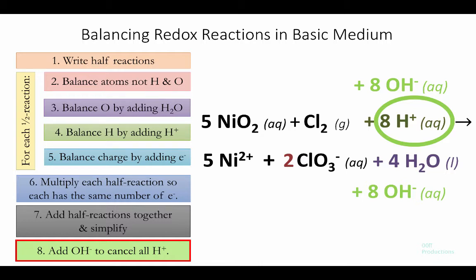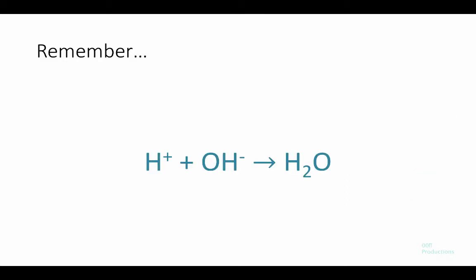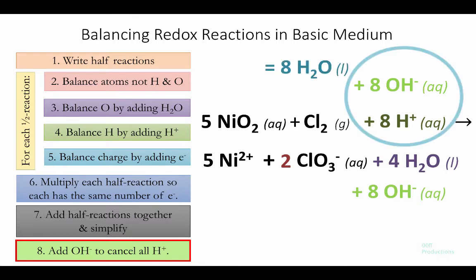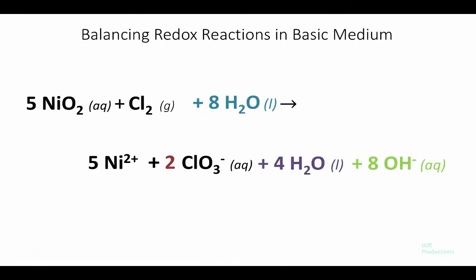Now, why would we do this? The reason is that if you put together H+ and OH- ions, you end up with water. So if you see 8 H+ ions and you add 8 hydroxides, those are going to combine and turn into 8 water molecules.